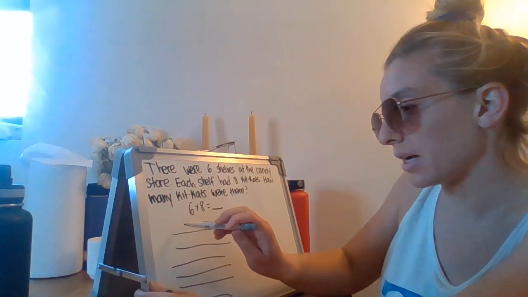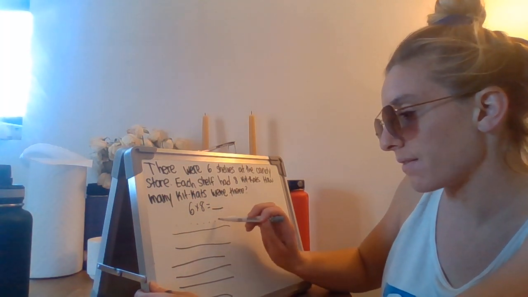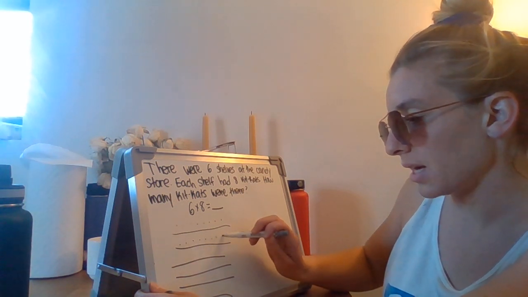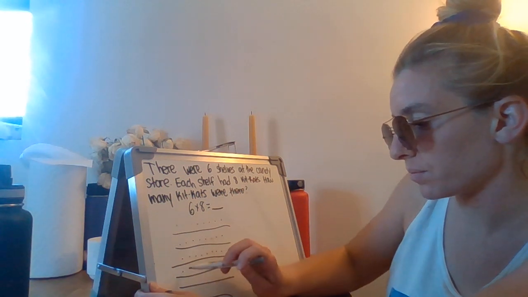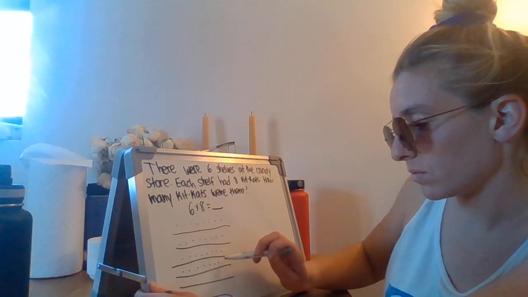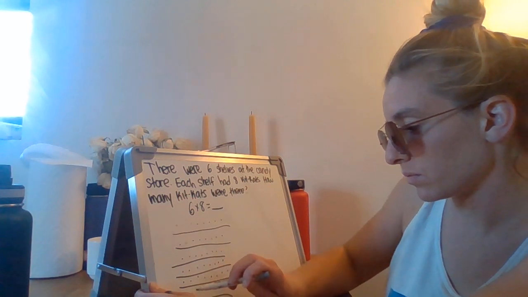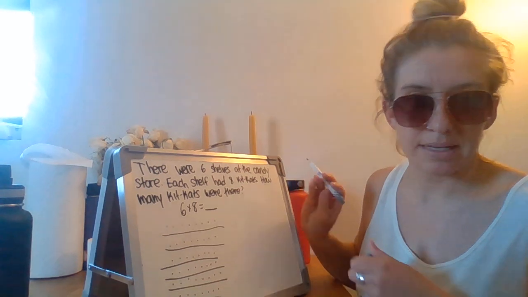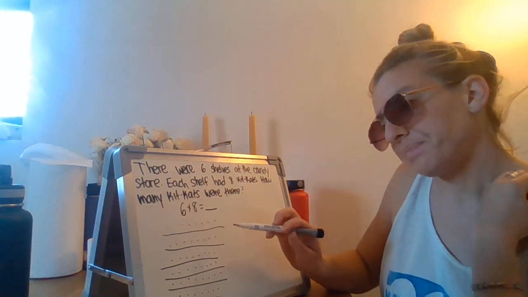So I'm going to draw 8 on each. 1, 2, 3, 4, 5, 6, 7, 8. And of course, I don't really need to draw Kit Kats because that would take forever, so I just drew dots to represent. And then I can count them.